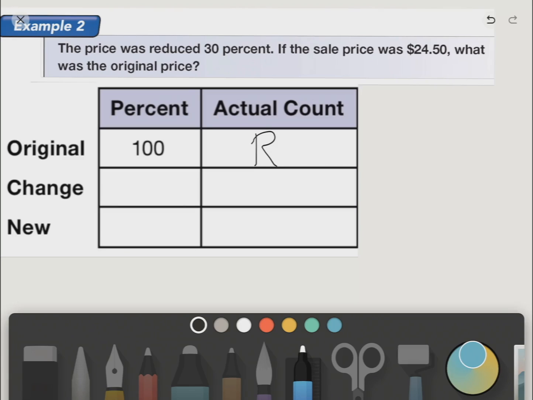And if the sale price was $24.50, what was the original price?